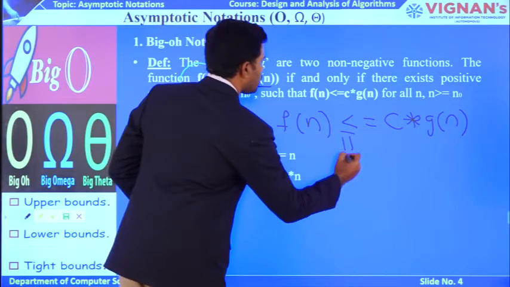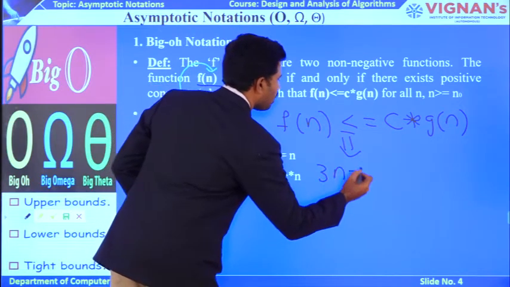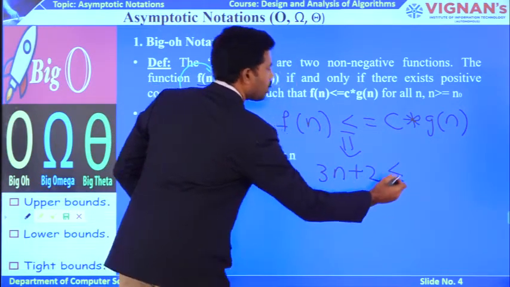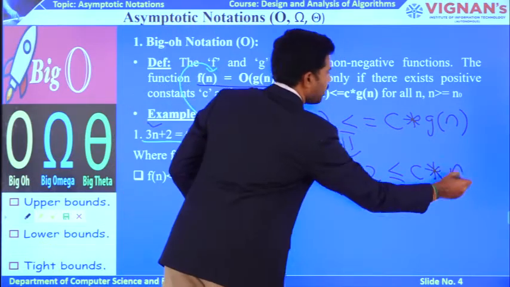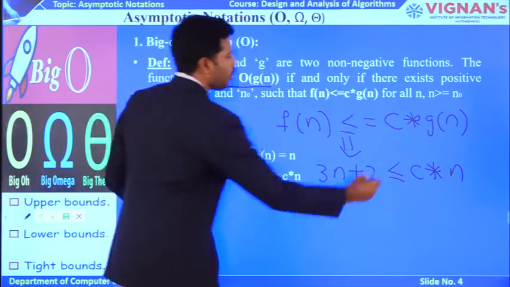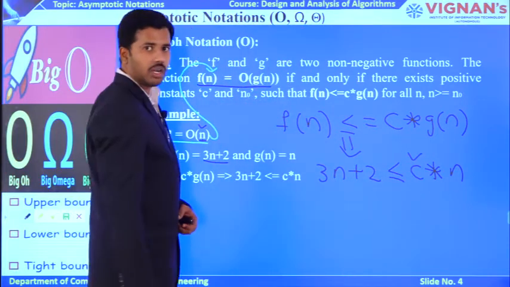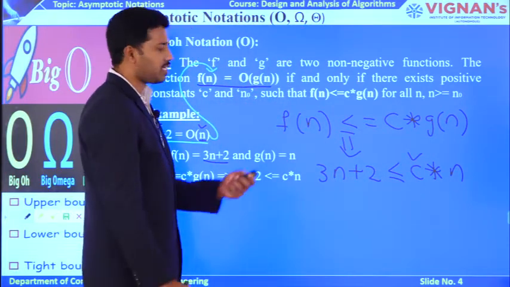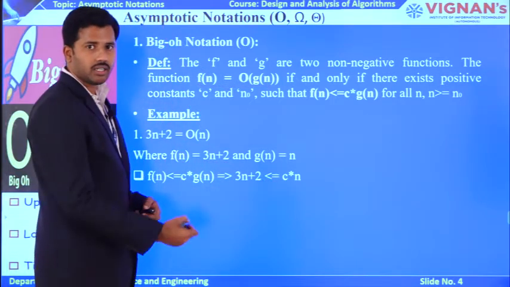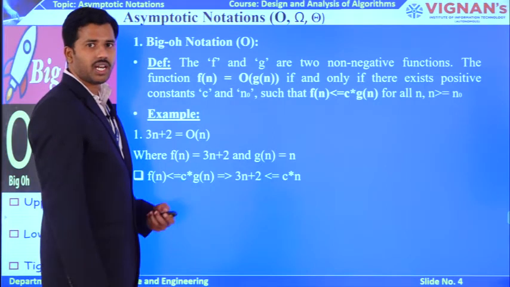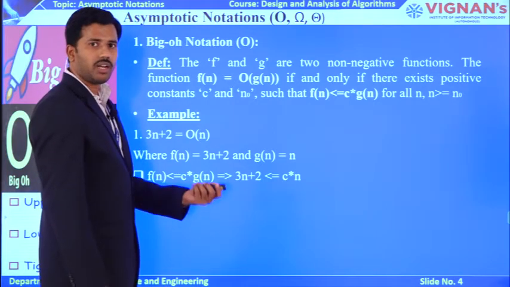Ultimately your equation will be converted to 3n plus 2 less than or equal to c into, what is the g of n value? n. Now your target is to find out what the c value and the n value are to satisfy this relation. Now can I take the c value directly, or can I take the c value as 1? Can I take the c value as 2?